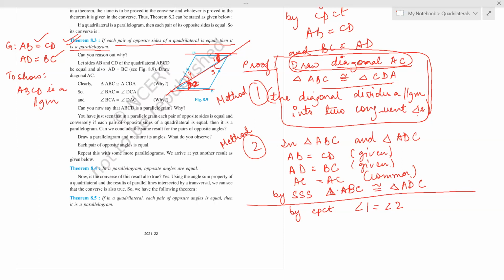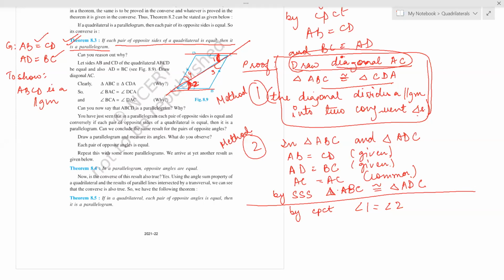So if we look at the corresponding angle theorem and the alternate angle theorem, basically it says that if two lines are parallel, then the corresponding angles are equal. Fine? Yes, ma'am. So it is given that the lines are parallel, and it implies that the corresponding angles are equal.